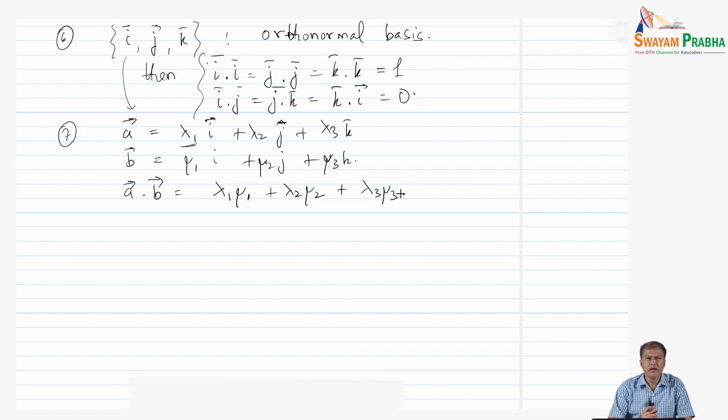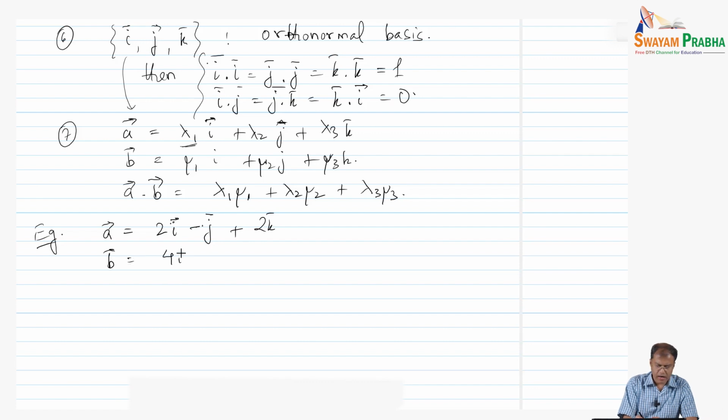So then there are some very easy examples. Let me just state these examples and listeners can quickly do it for themselves. For example, a quick way to check all these properties is to look at the following example. Suppose a vector A is given by 2I minus J plus 2K and B is 4I minus 3K.